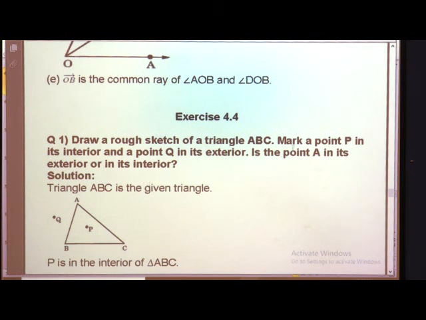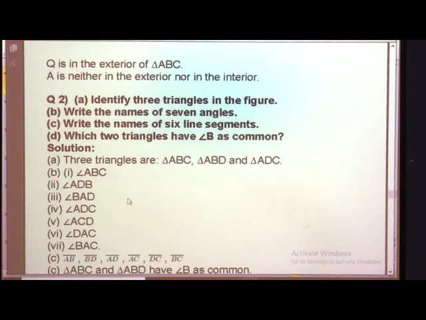Can you tell? It is not in the exterior, not in the interior, it is on the triangle. P is the interior, Q is the exterior, and A is neither in the exterior nor in the interior.